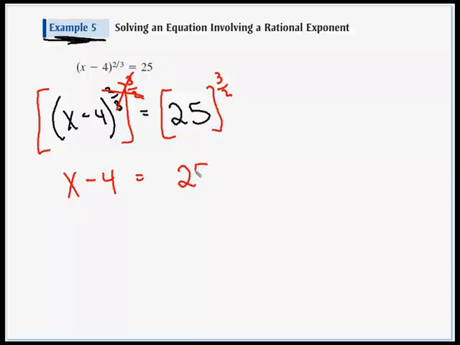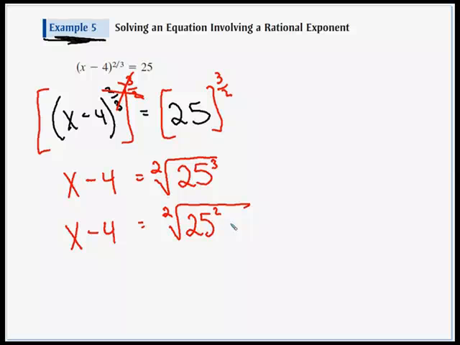Remember, we can put that under a radical. And the 3/2 power means that's the square root of 25 to the 3rd. And we should know a little something about breaking down that number underneath the radical. So 25 to the 3rd is 25 squared times 25 to the first power.